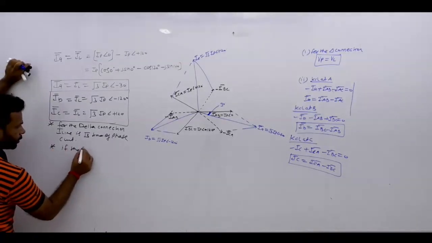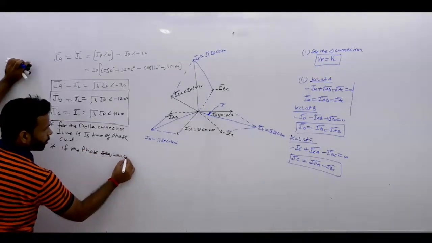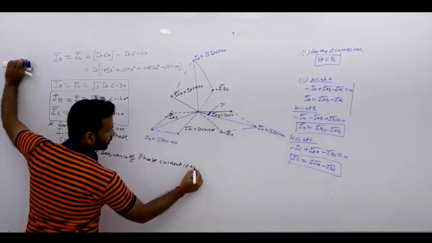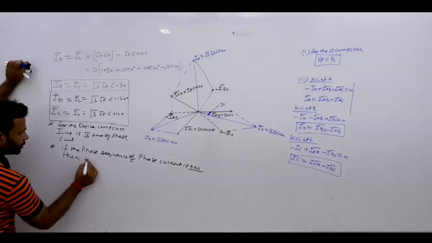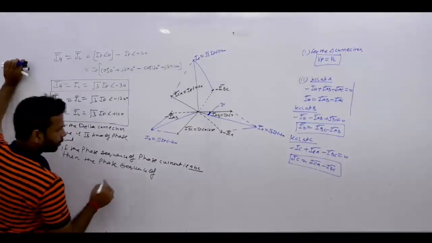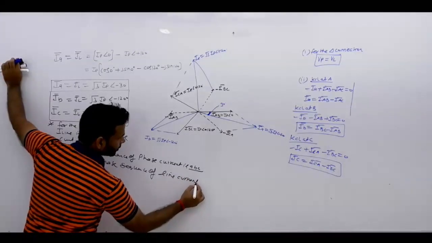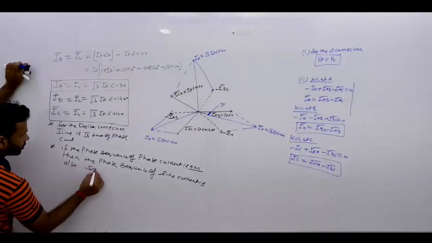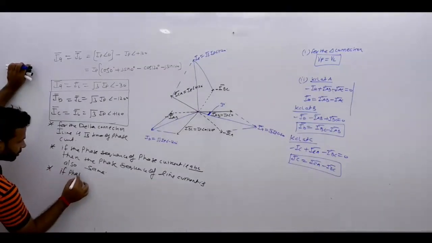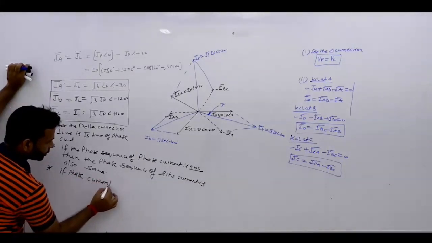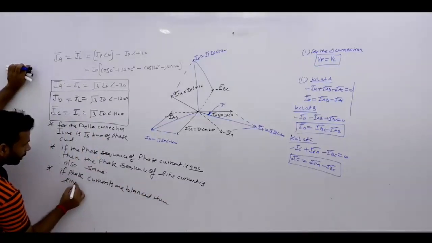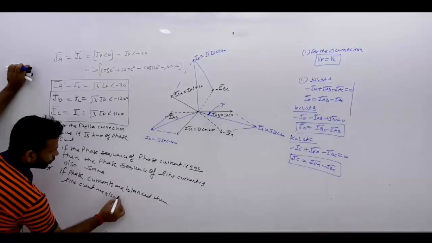If the phase sequence of phase current is ABC, then the phase sequence of line current is also same. ठीक है. नेक्स्ट चेक कर सकते हैं हम डायग्राम से. सिमिलरली अगर मैं नेक्स्ट कंक्लूजन की बात करूं, if phase currents are balanced, then line currents are also balanced.